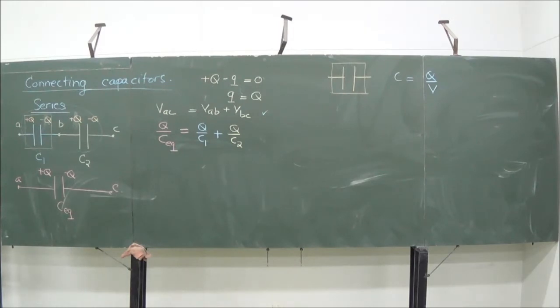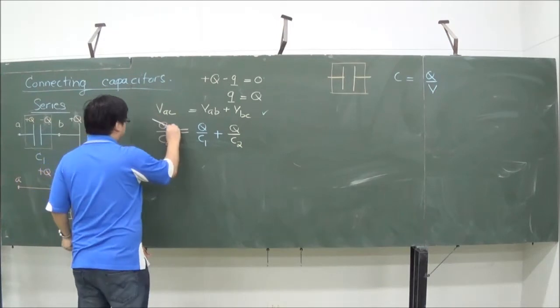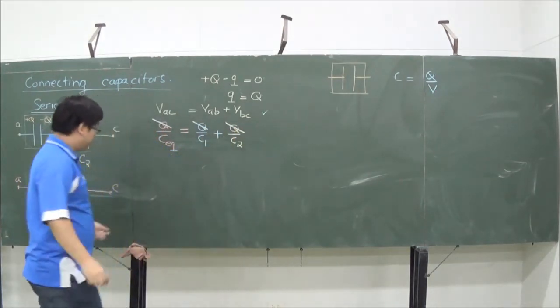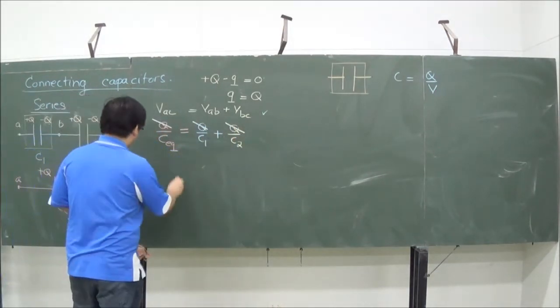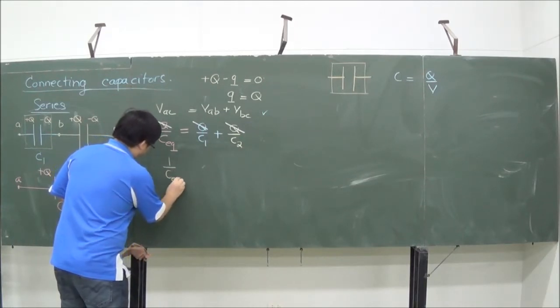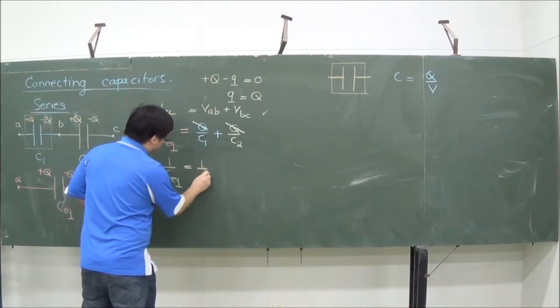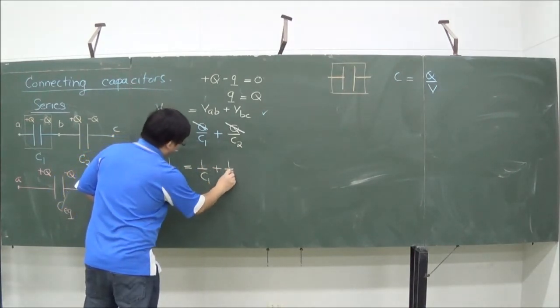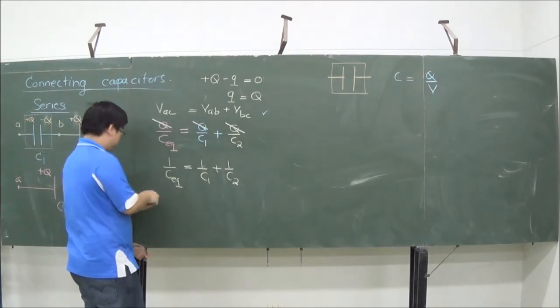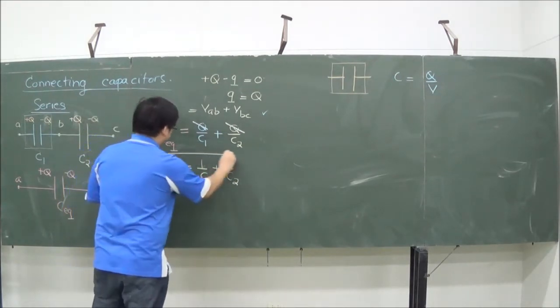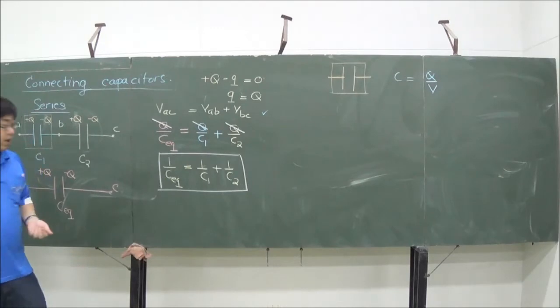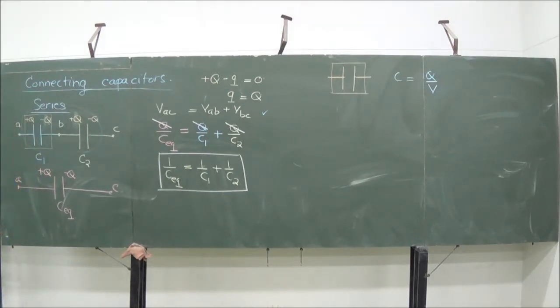And finally, you see that these Q are equal, so we cancel Q, Q, and Q. So we've got 1 over C equivalent equals 1 over C1 plus 1 over C2. And this is the way we calculate the equivalent capacitance when we connect these two capacitors in series.